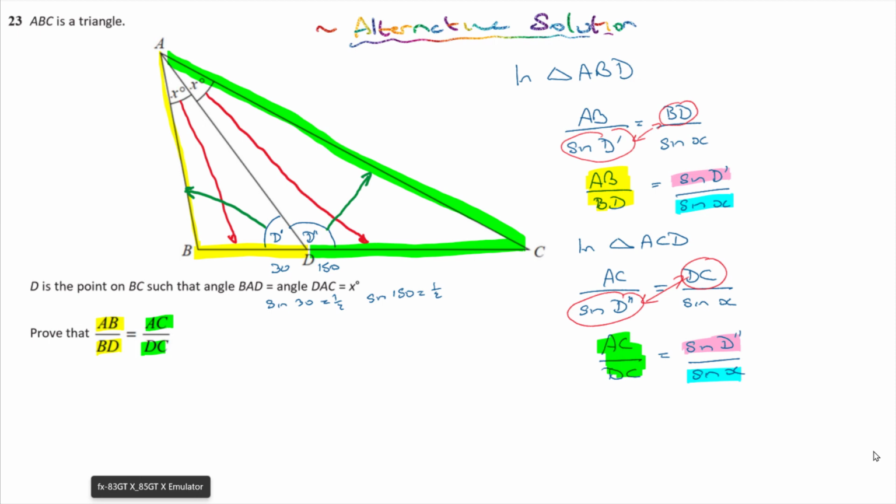Now, is that a coincidence because I happen to pick 30? Now, you can actually try this with any angle. If you make angle d dash any size and then make d double dash 180 minus that size, you'll find that you always get the same sine when you take the sine of those numbers.